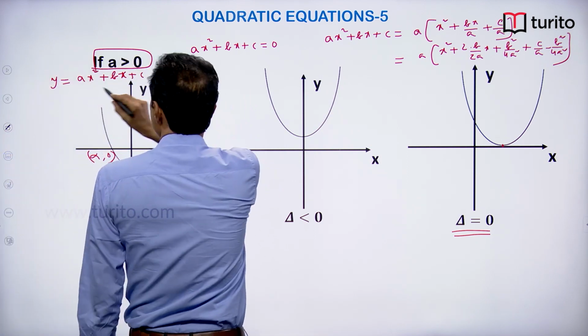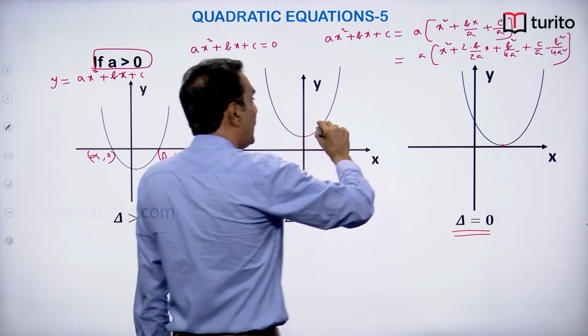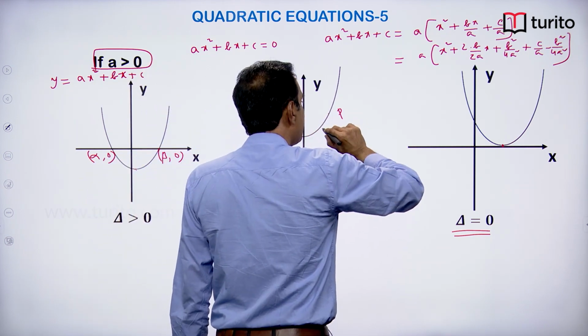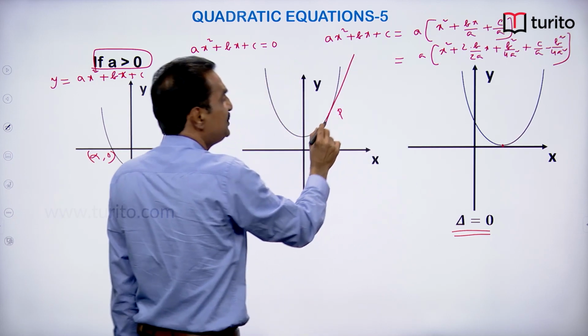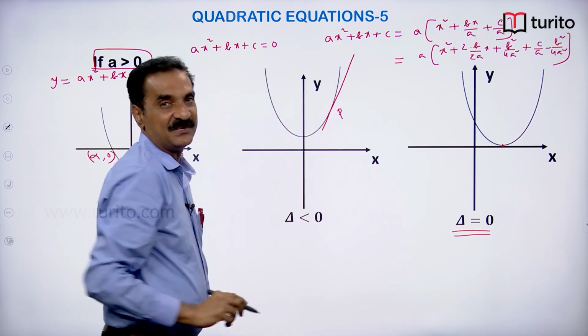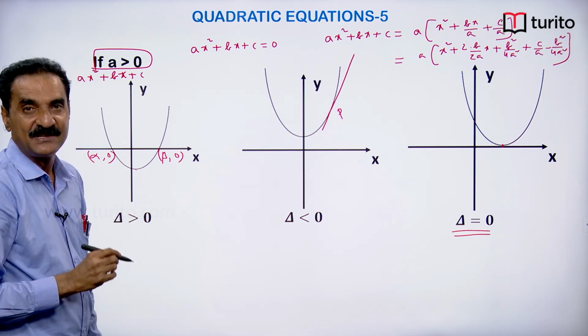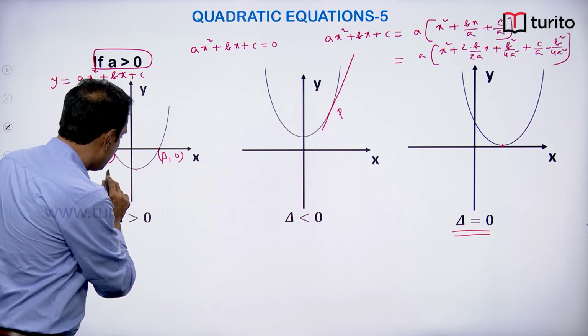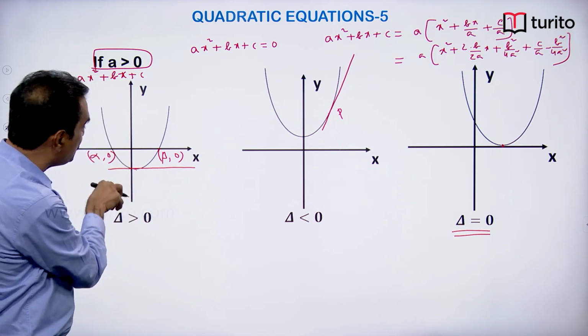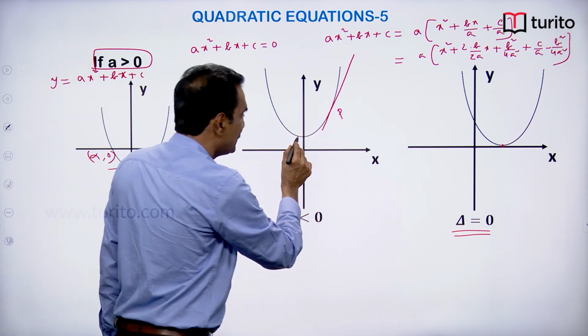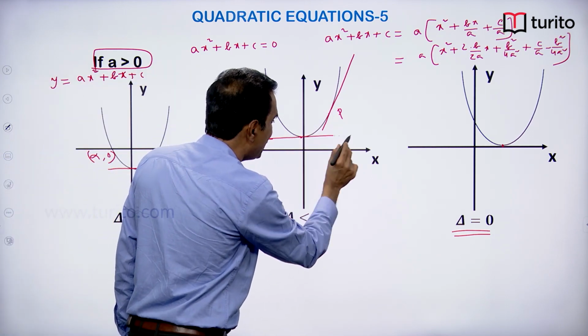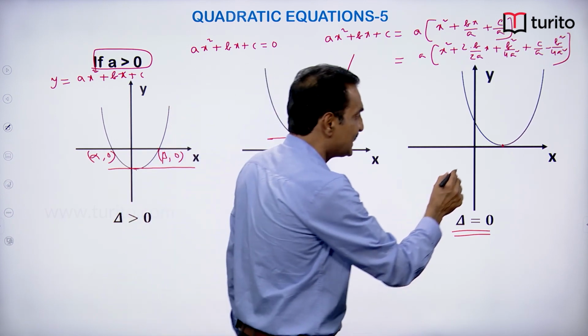If you differentiate this y and substitute some point here, then you are getting the slope of this tangent. At the bottommost point, if you draw a tangent line, then tangent will be parallel to x axis in all the cases.